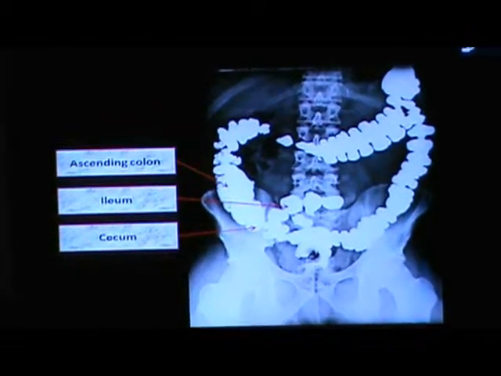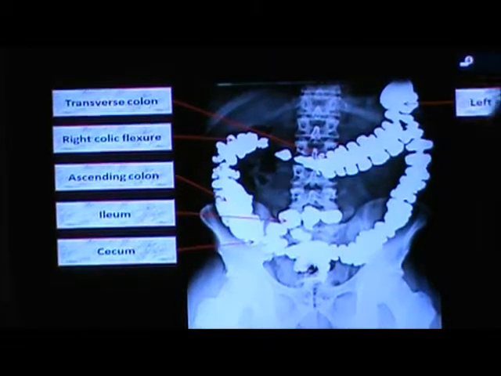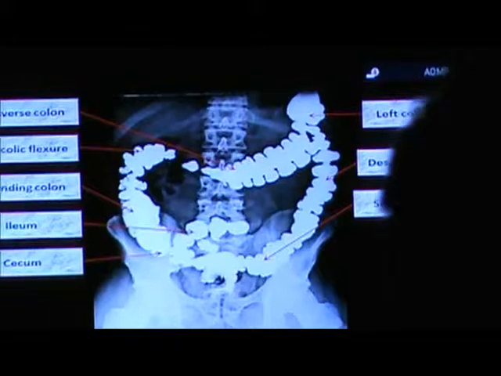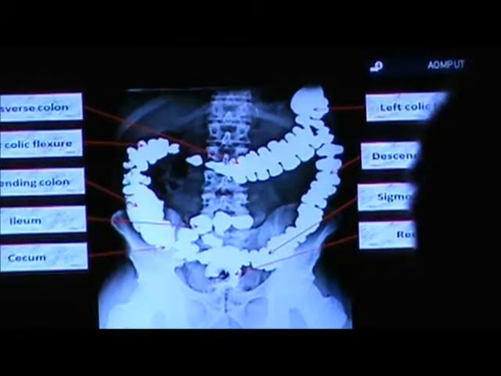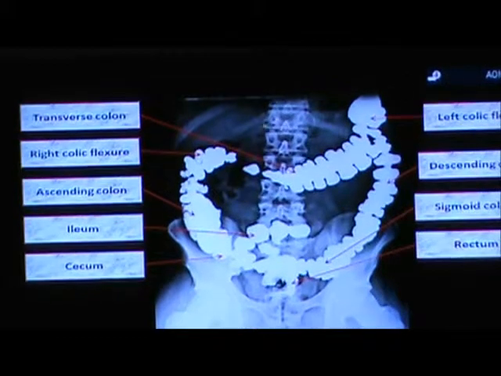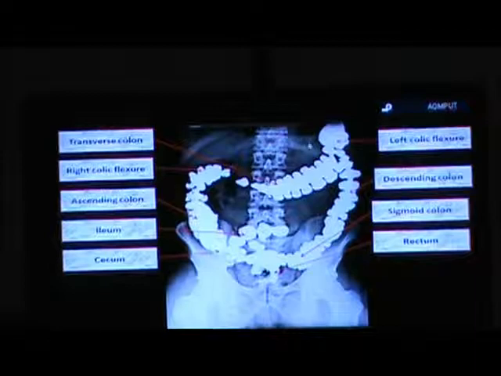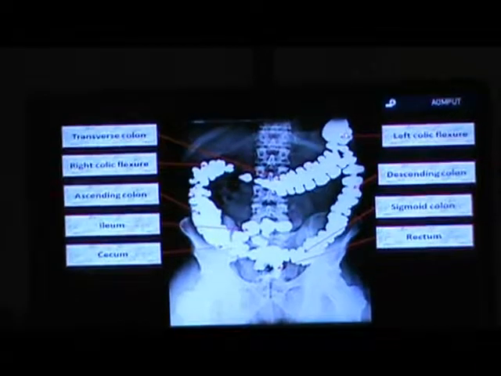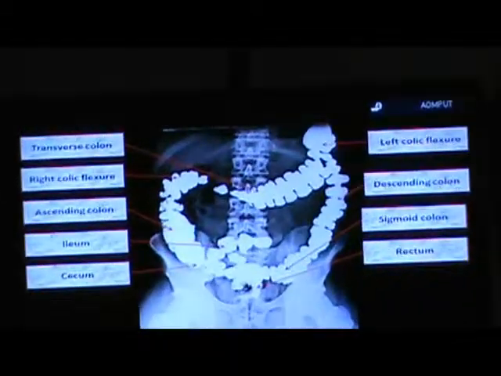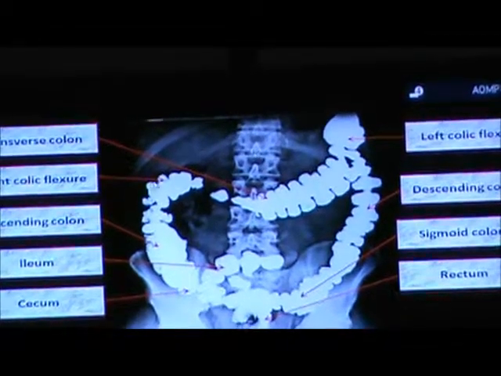And we have the ascending, transverse, descending, sigmoid colon as well as rectum. You can see the differences between the localization of the right and the left colic flexure. The left colic flexure is also much sharper than the right.